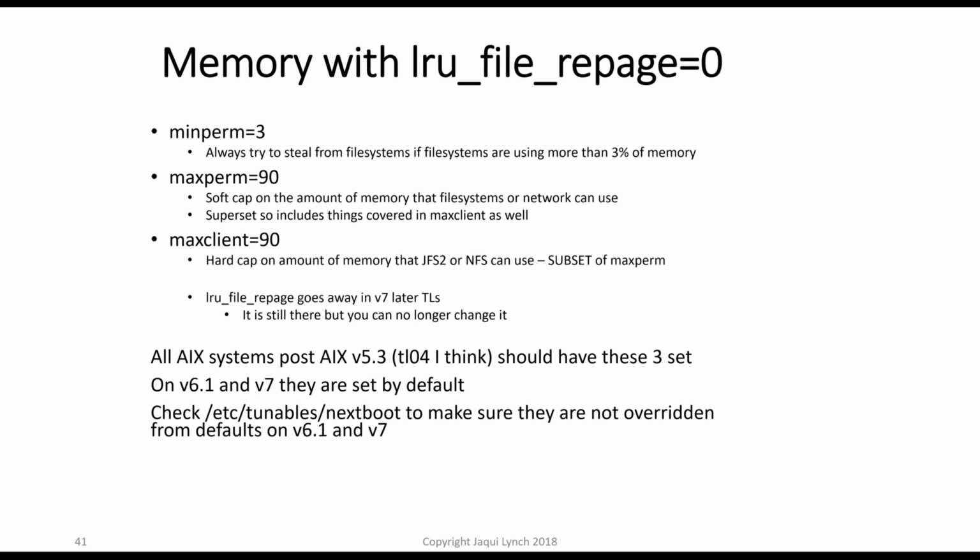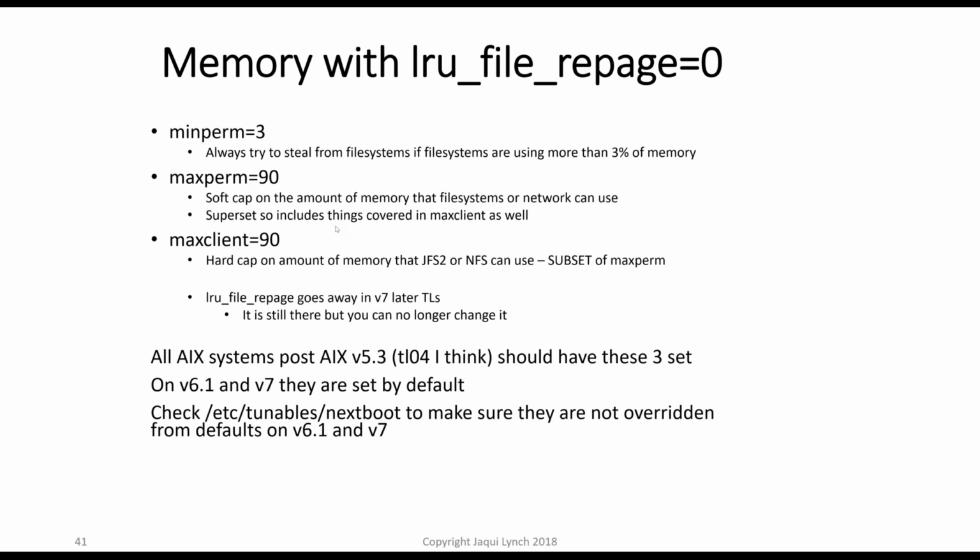If file systems are using more than min-perm, then it's a strong recommendation to steal from file systems. Basically, that's to the LRU daemon, which is the daemon that manages all the memory in the memory pools. So what does all this mean?